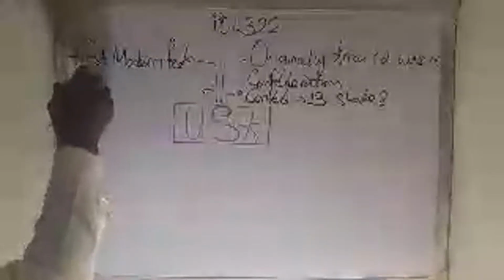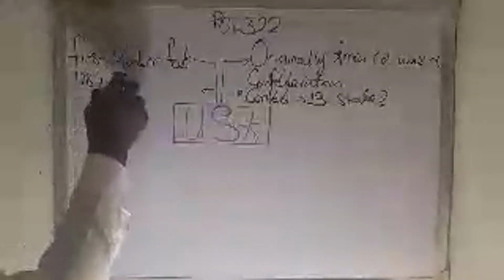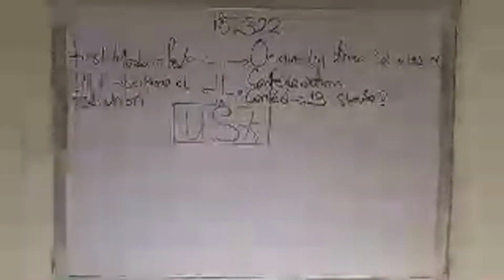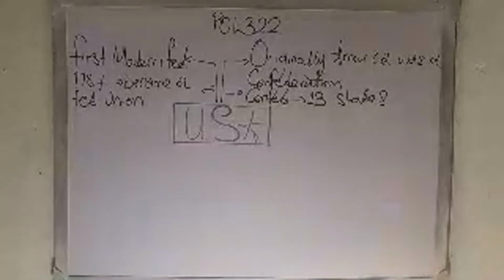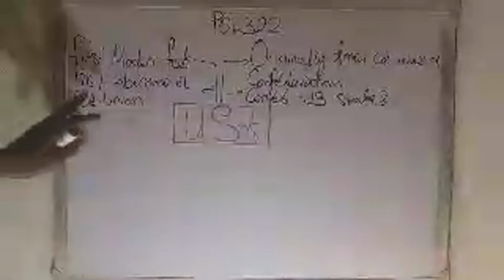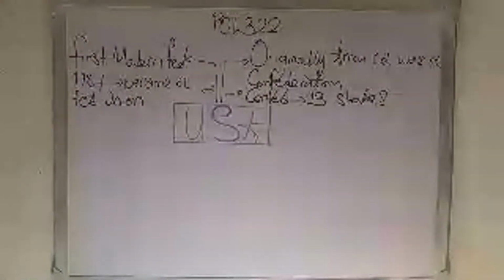So in 1787 it became a federal union. Are we getting this point? First modern federation, originally a confederation, and later, in 1787, it evolved into a federal union.